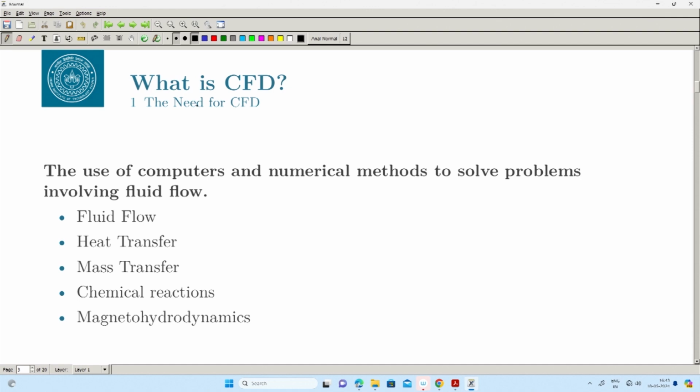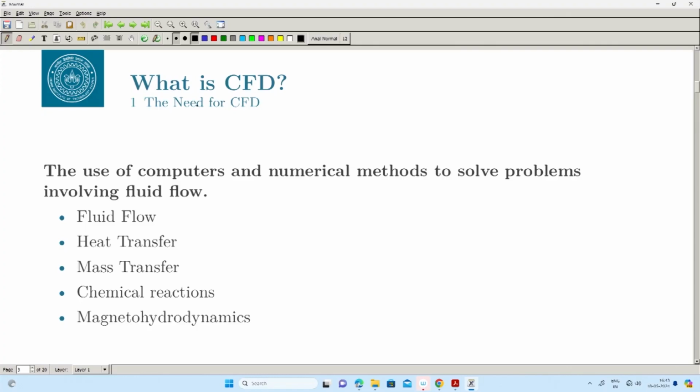Like any other physical phenomena, fluid flow is also dictated by some governing equations, and if you can solve those governing equations using the algorithms that have been developed over the years and the computer that you have, then you can basically simulate the physical phenomena on your computer. And that is what CFD is. CFD means computational fluid dynamics. Fluid dynamics we understand: we are trying to understand the dynamics of the flow and the fluid, and we are trying to understand it computationally.